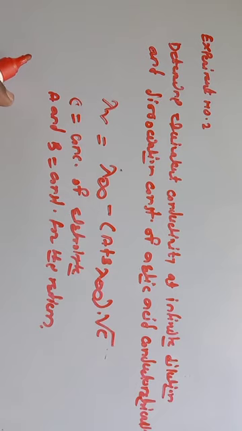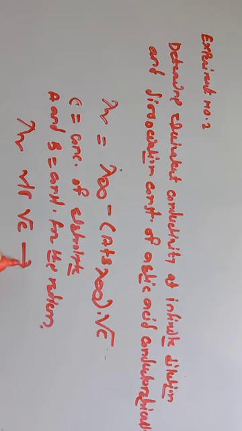If you plot the graph of the equivalent conductivity lambda versus the square root of concentration, then we get a straight line graph.